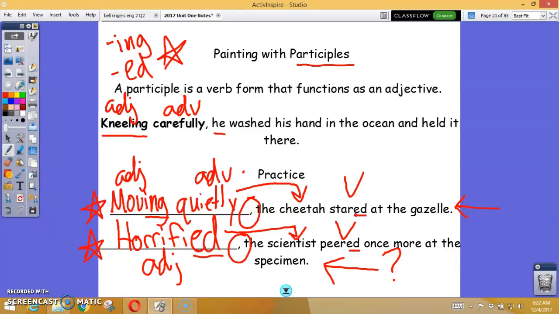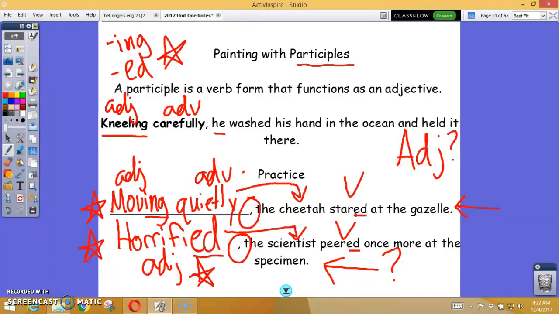There's a difference between that and, say, this one over here, horrified. Horrified can be used as simply a verb as well. But here the key thing is that it's being used as an adjective. Is it being used as an adjective? If it is, then it's a participle. So again, you have to think about that.